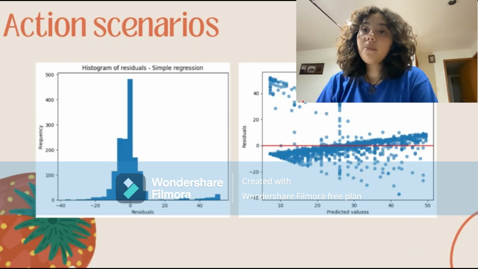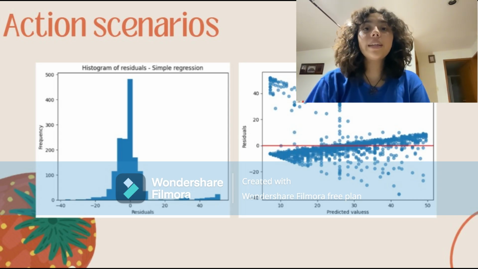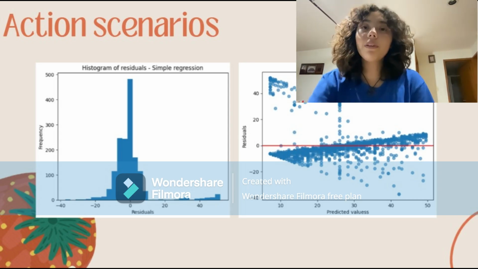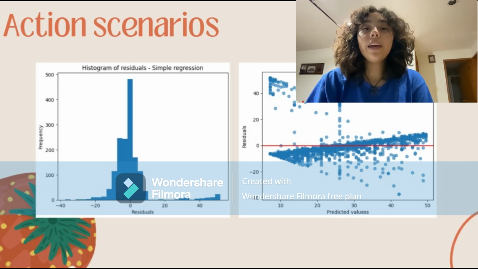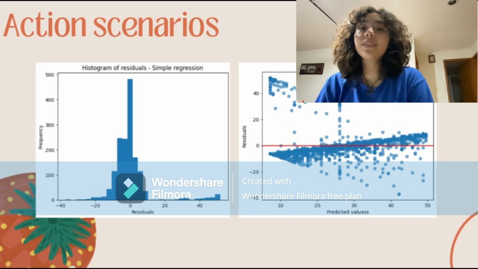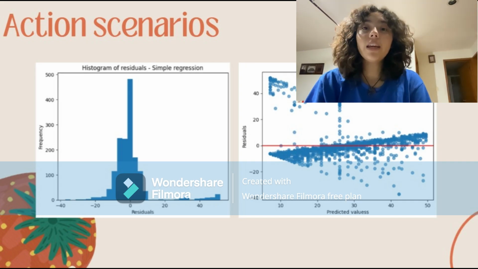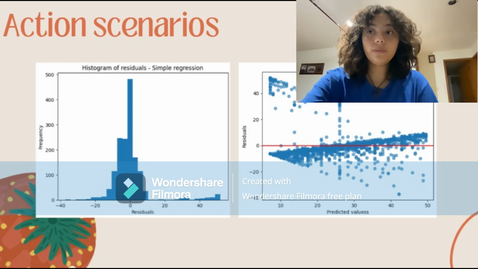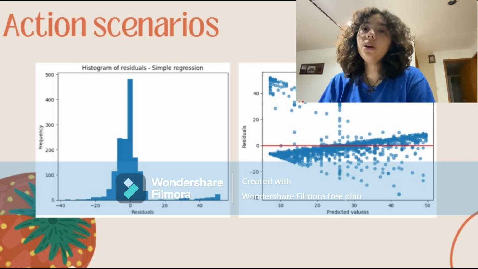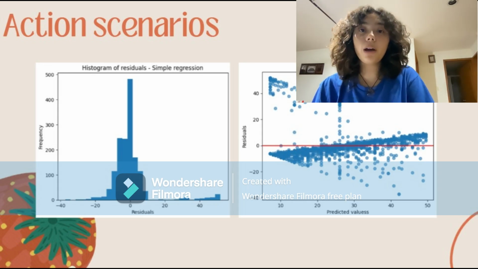And now for some action scenarios, we propose three decision-making scenarios based on our models. For the first scenario, we improve performance by focusing on Q422, since this variable has the strongest positive effect. Improving it can directly raise Q12. Then for scenario 2, we prioritize the stores using the multiple regression model.